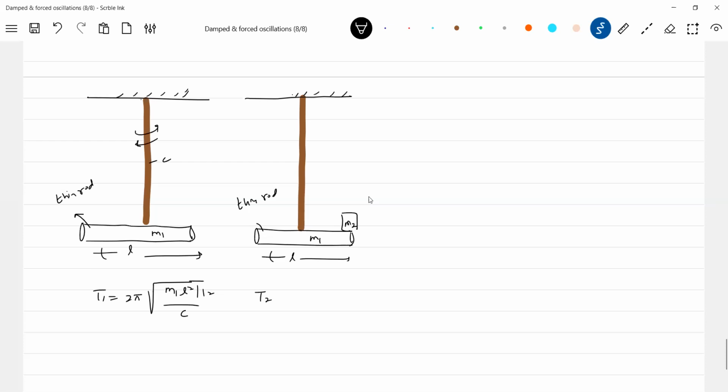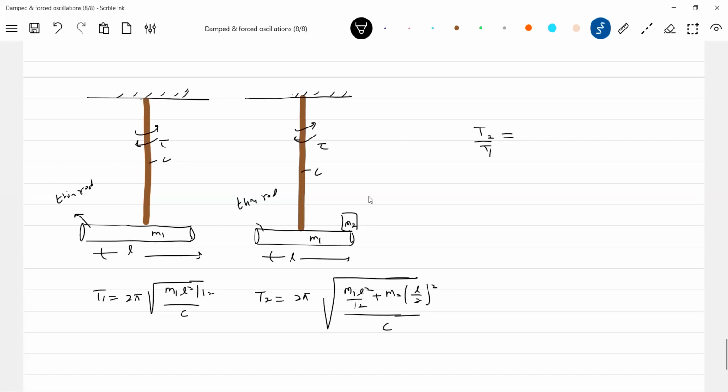With the new time period, this will be 2 pi root of M1 L square by 12 plus M2 (L by 2) whole square, divided by C. So even if I don't know the couple per unit twist of this wire, I can find out the time period or other things. So I'll divide these two, T2 by T1. 2 pi root of C will get cancelled.